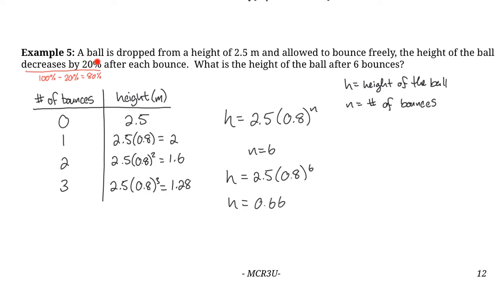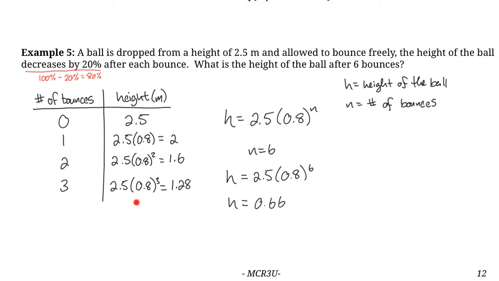We're going to take that 20% from our 100% of the height. So the new height would be 80% of the original. So we're multiplying that 2.5 by 0.8. That's 80%. So when we do that after the first bounce, we get 2 meters. And if we do that again, we get 1.6 meters, and if we multiply by 0.8 again, we get 1.28.